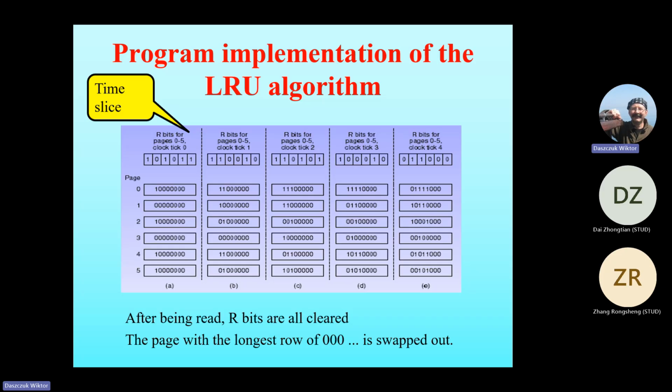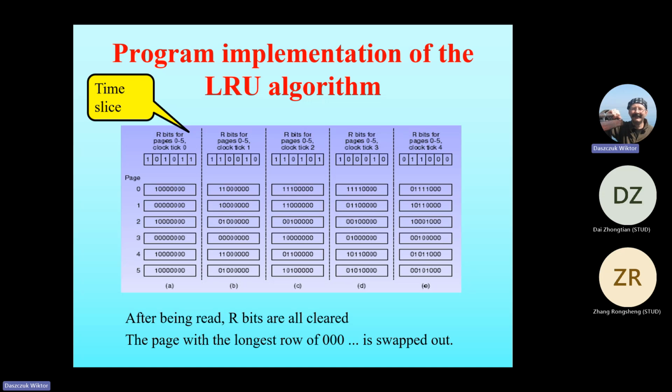We have a software shift register for every page. We enter those values to the edge of those registers, 101011, 101011.